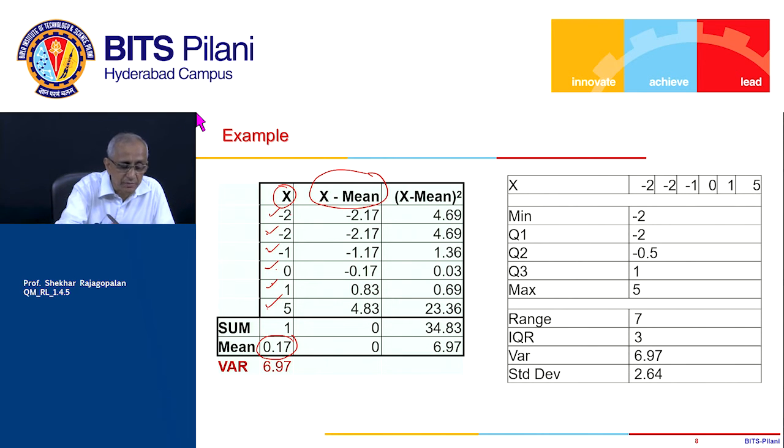X minus mean is -2 minus 0.17, which is -2.17. Similarly, I've got -2.17 here. -1 minus 0.17 is -1.17. 0 minus 0.17 is -0.17. 1 minus 0.17 is 0.83. And 5 minus 0.17 is 4.83.